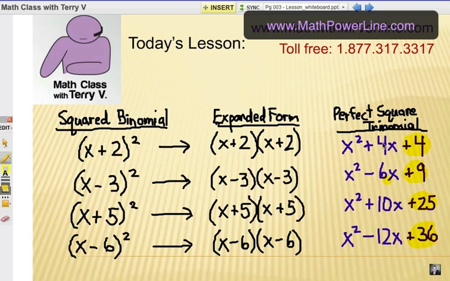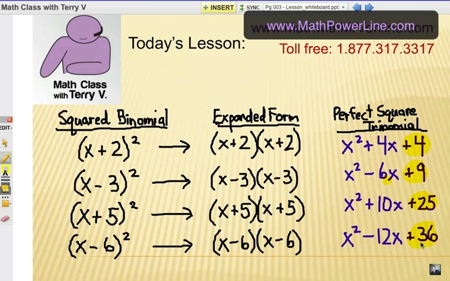So it looks like if we take half of that middle term, what do we do to it to get the 4, 9, 25, and 36? Notice that 2 times 2 is 4. Negative 3 times negative 3 is positive 9. 5 times 5 is positive 25. They're always positive. And negative 6 times negative 6 is positive 36.